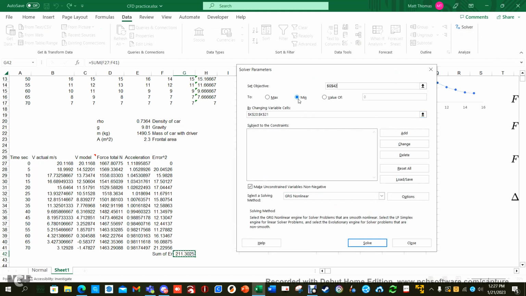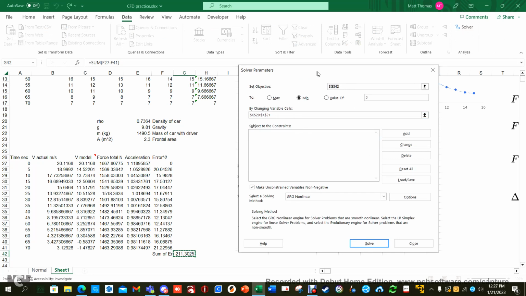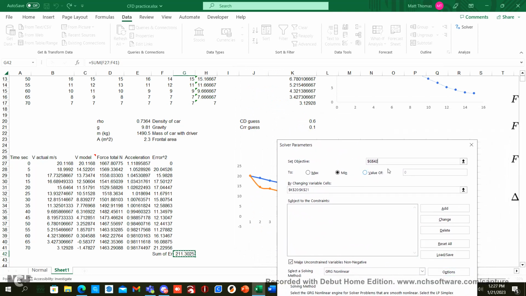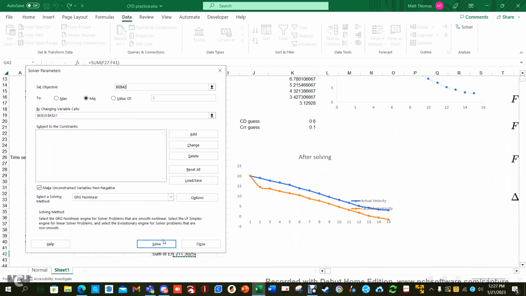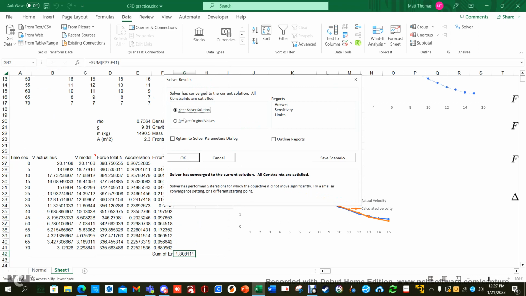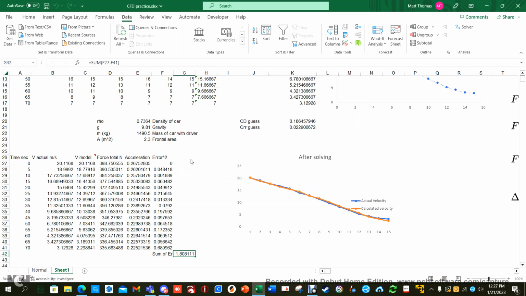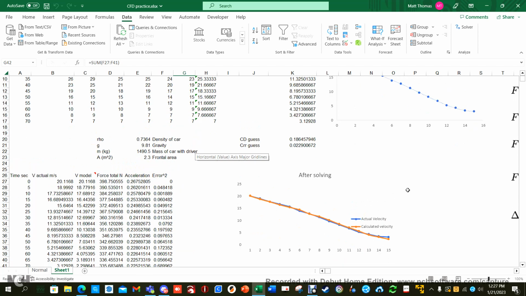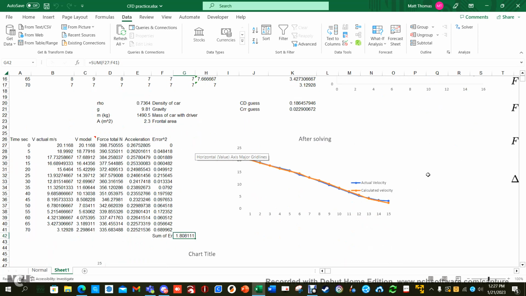And it's going to say minimize this one by changing variable cells K20 and K21, which is our CD and CRR. And if I hit solve, it says it found an answer, hit OK. And there you go. It has now found our coefficient of drag and our coefficient of rolling force, and you can see how it matches up. So really, really, really cool.